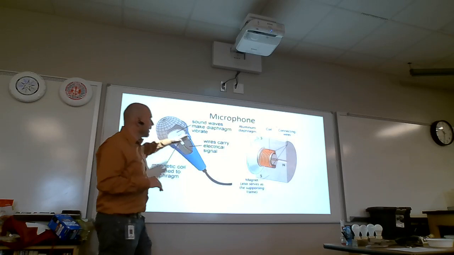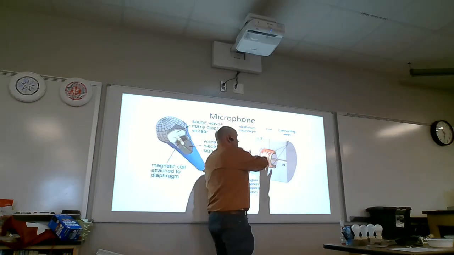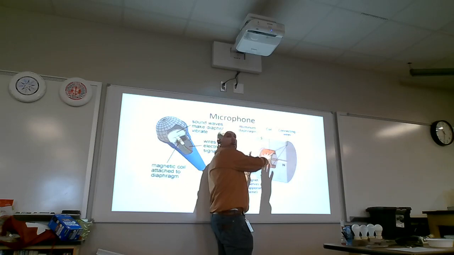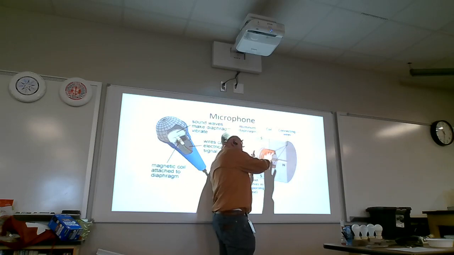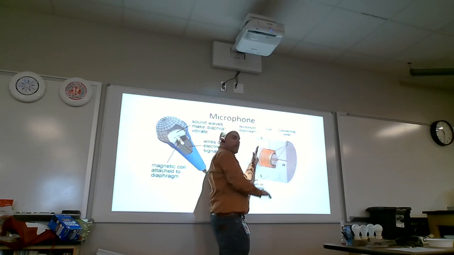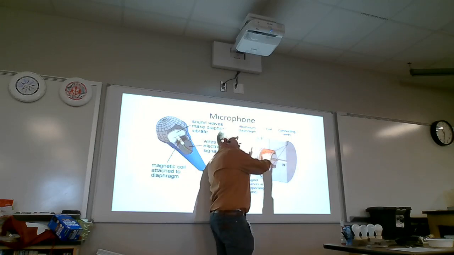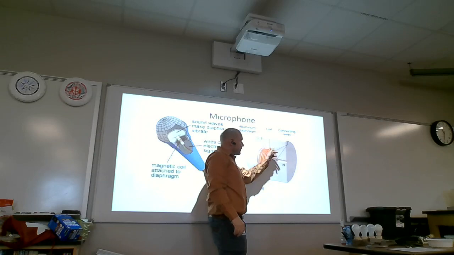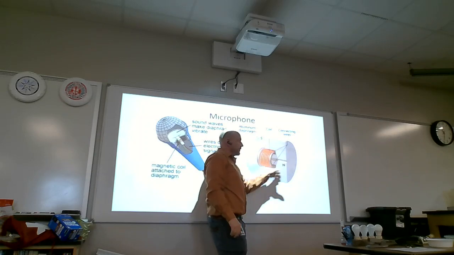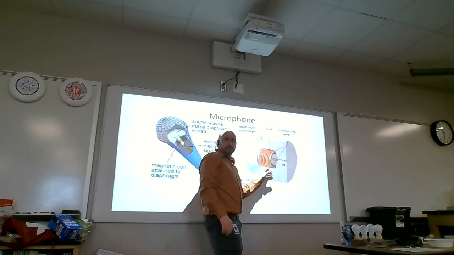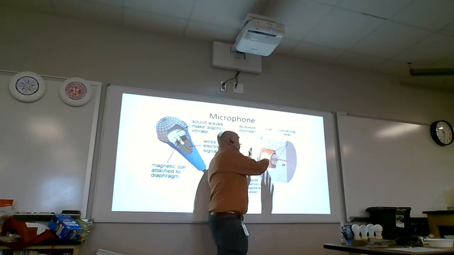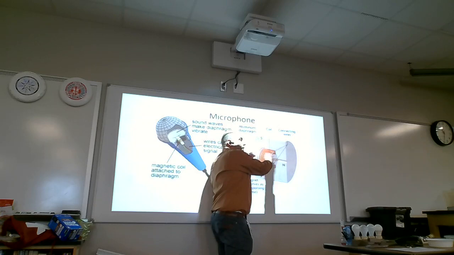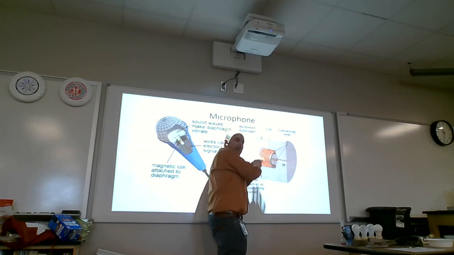That diaphragm has behind it a voice coil, or a coil of wire wrapped around in a tube. As that vibrates, it also causes the coil of wire to vibrate. It just so happens to be vibrating in a magnetic field produced by this magnet. So this coil of wire is experiencing a changing magnetic field.